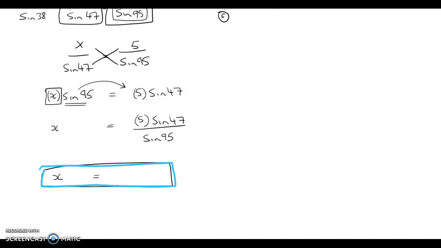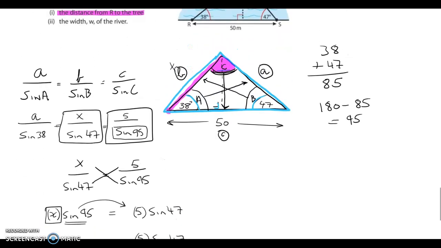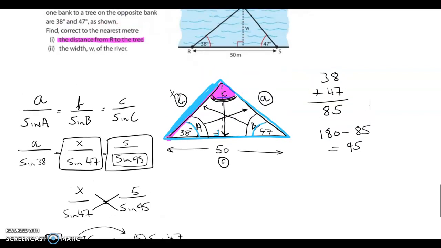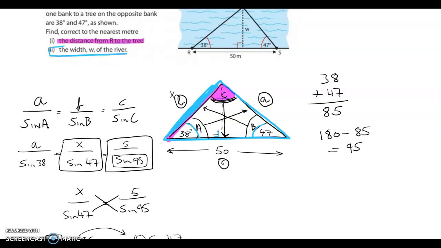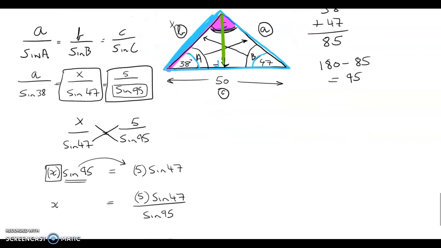Okay, so we've found that length of side that we were asked to find, this side down here, x. Now, part 2 says find the width of the river, W. You notice in the picture, W is basically this side here. So now, just like we did in the last video, we're looking at this right angle triangle.